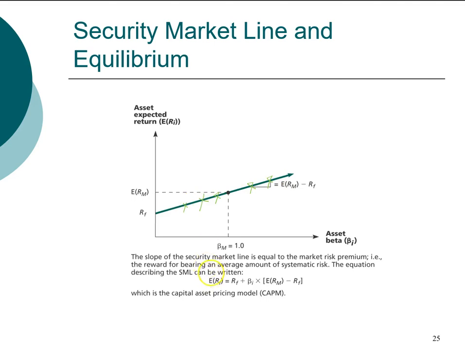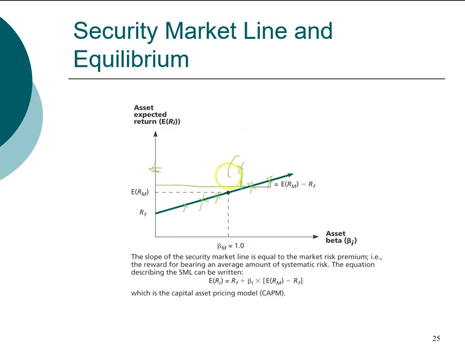If a stock doesn't fall on this line and the model is correct, then you may have found something very unexpected. So if you find a stock, let's say, that lies here, that means this stock earns a higher return, so its return is higher than the rest of the stocks in the market for the same amount of risk.